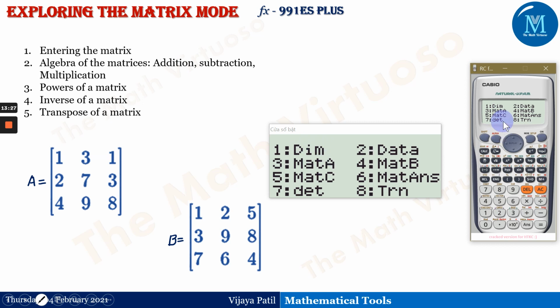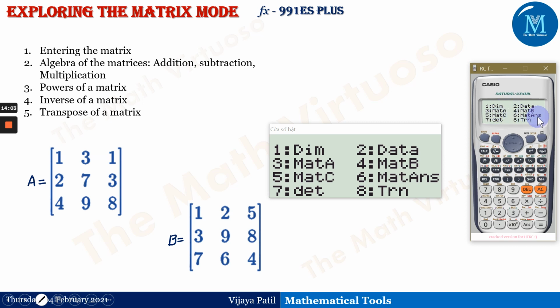For example, first while entering matrix mode, we entered mat A. Now after entering shift 4 mode, I have entered through this dimension mat B. Let us explore the second option as well, because we have explored the dimensions of mat A and mat B. If you have a third matrix, you can do that also. So you can do 1, 2, 3 matrices at a time.